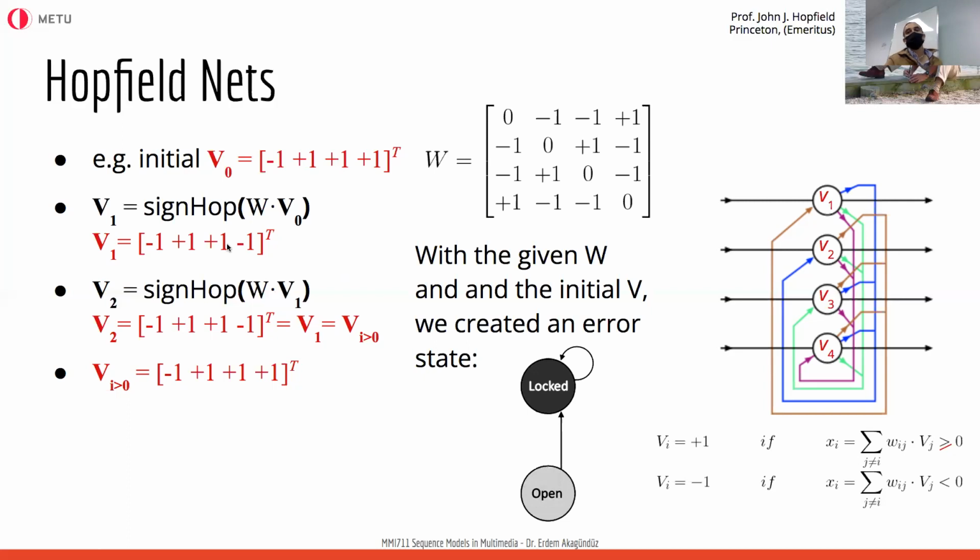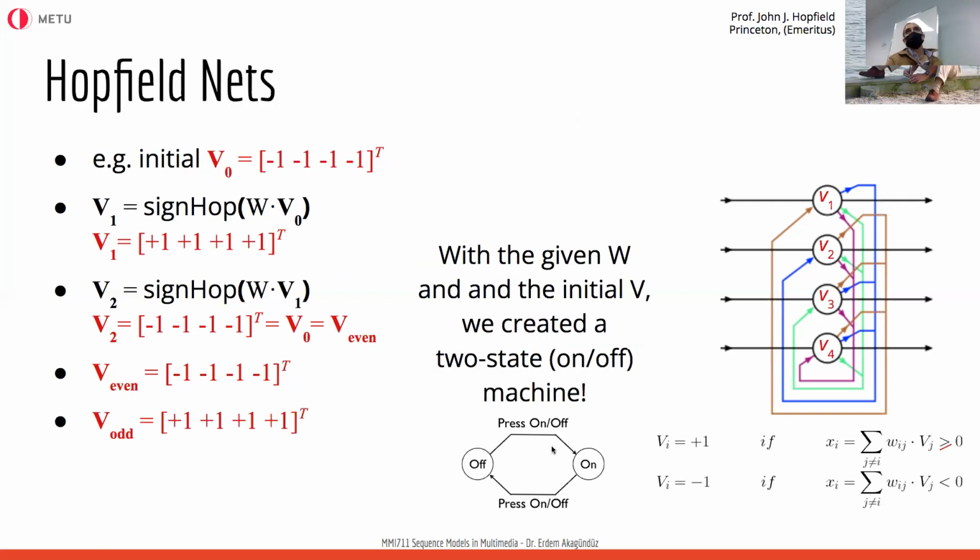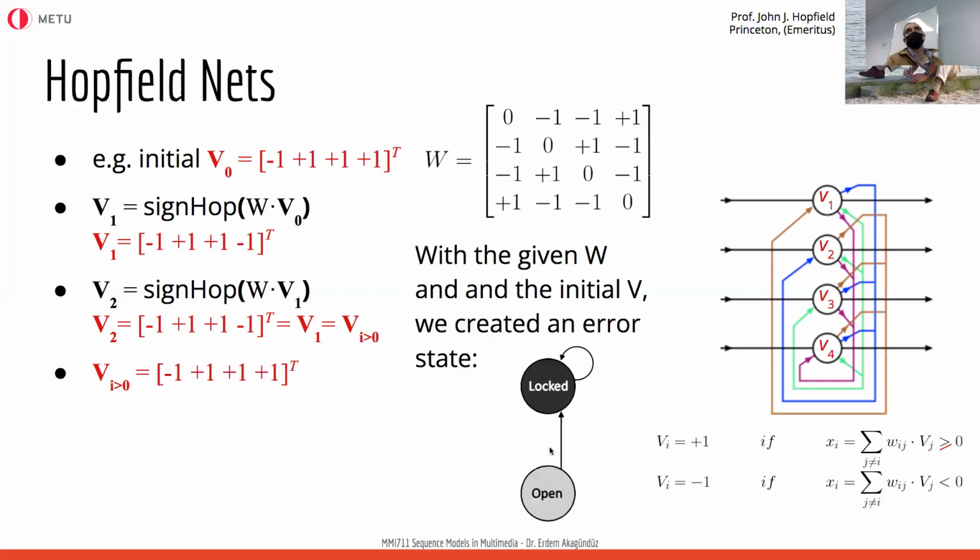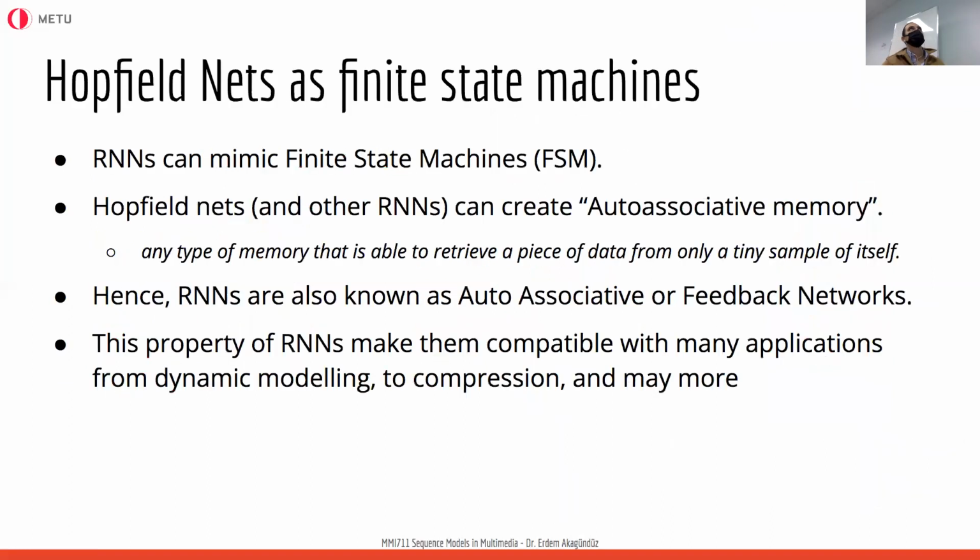It is like a final state. In the previous automata, there was no final state. It was a switching state, on-off automata. This is a final state automata. So as you can see, it can not only represent an automata, it is capable of representing different types of automata when you use different initial states. So they are capable of many things, but they are very difficult to train.